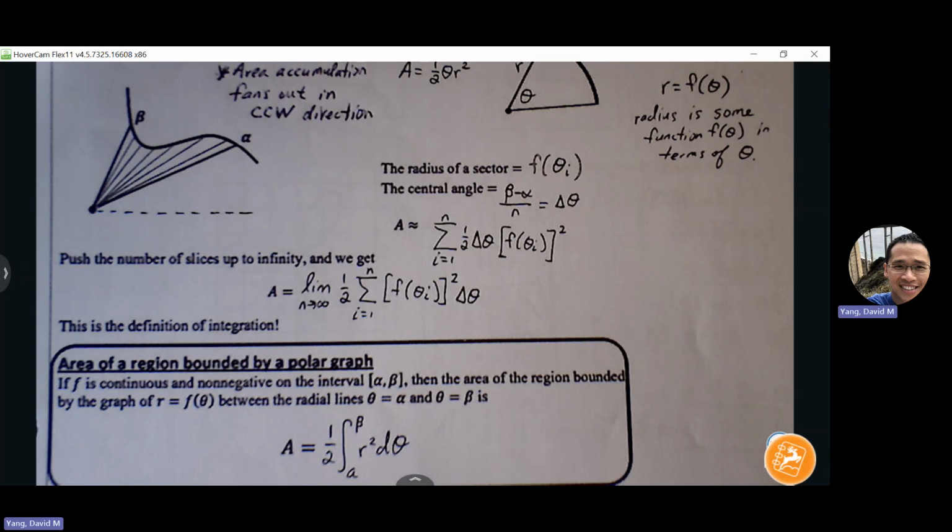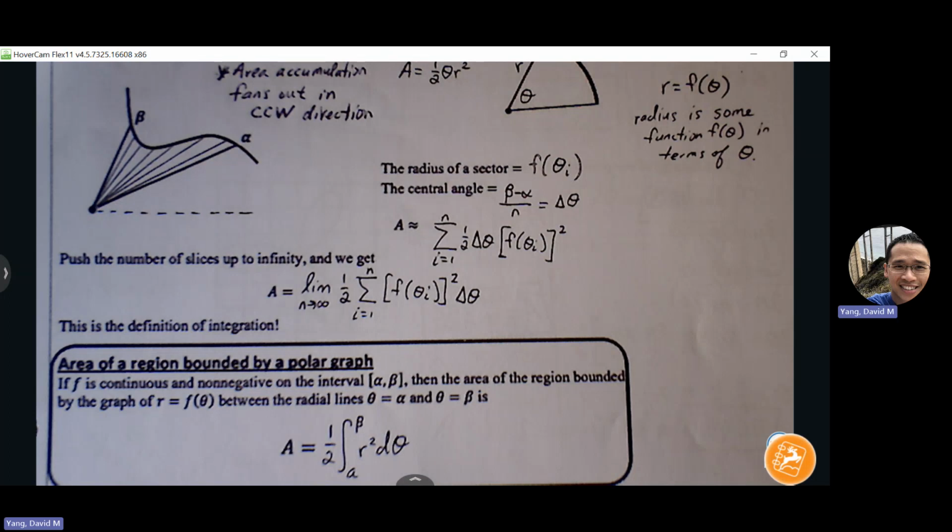If f is continuous and non-negative on the interval from a to b, then the area of the region is 1/2 integral of r squared d theta. And we see that connection between the area of a sector and what we're using here. You don't have to use that limit with infinity; this is just to show that we're basically adding.